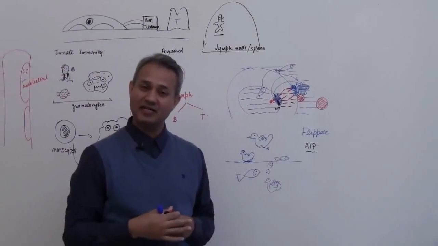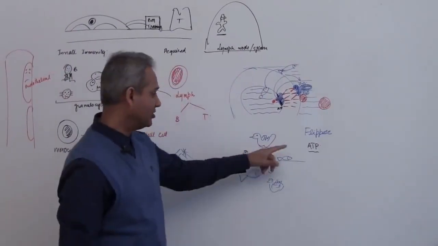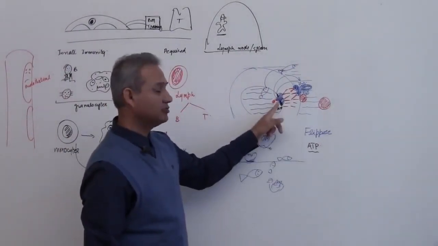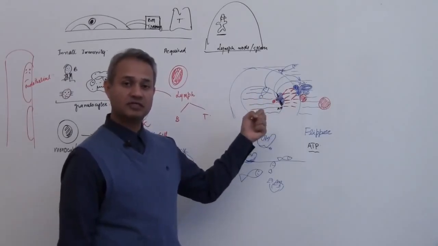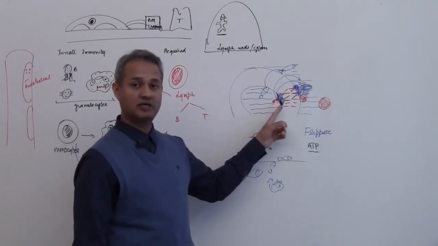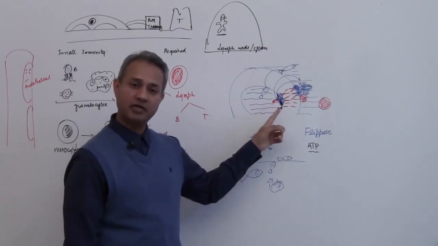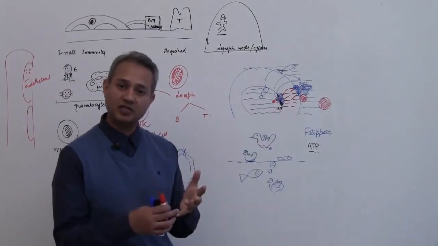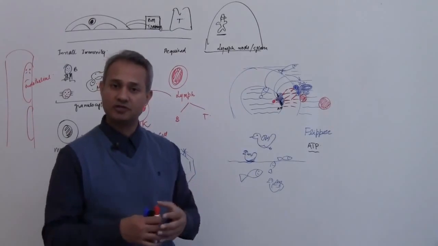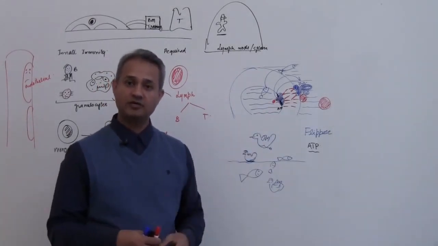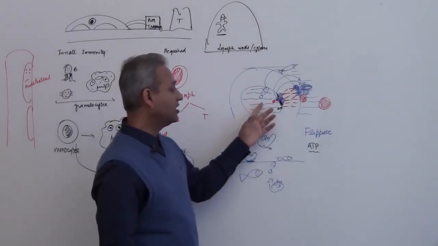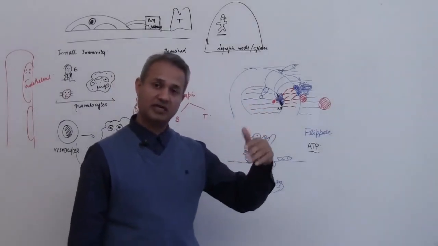That means the cell is not healthy. Why not? Think about it logically. The battery was used to hold on to this protein on the inside. Somehow the protein which was doing that function has failed. Maybe there is less energy. It doesn't have batteries to do that function. Maybe the Flippase itself is damaged now. It cannot do that.